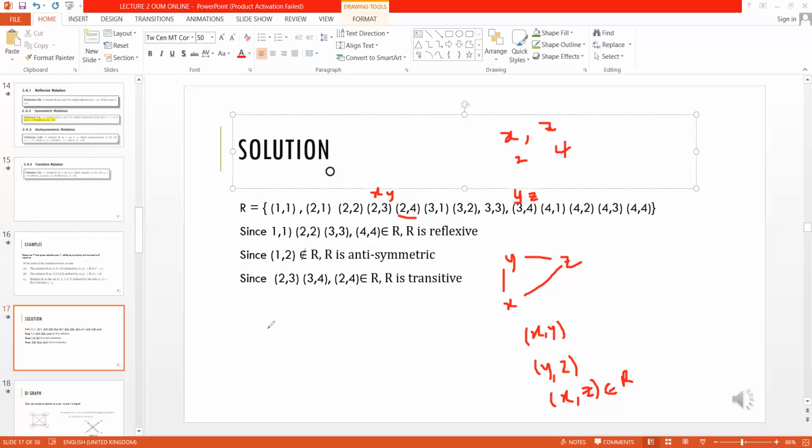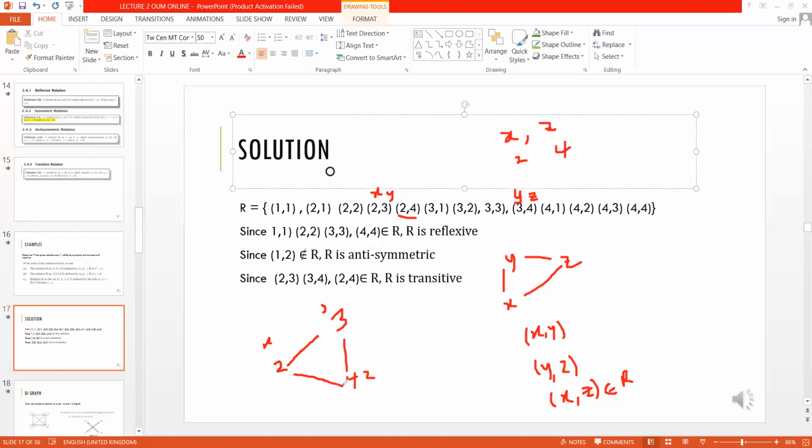It means that we have a transition, a transition from 2 to 3. This is X, this is Y, and then Z is 4. So there's a transition from 2 to 3, 3 to 4, and then we also have 2 to 4. So the transition exists. Very good.